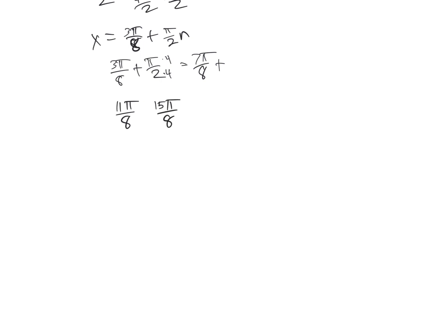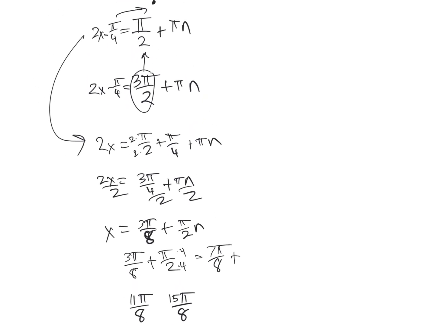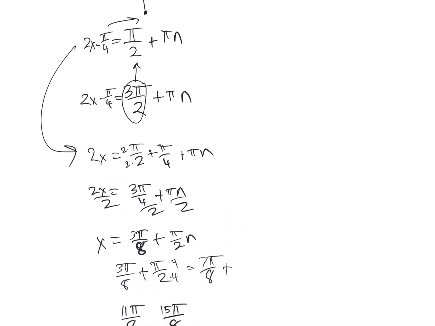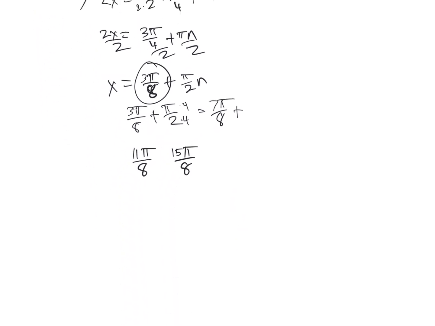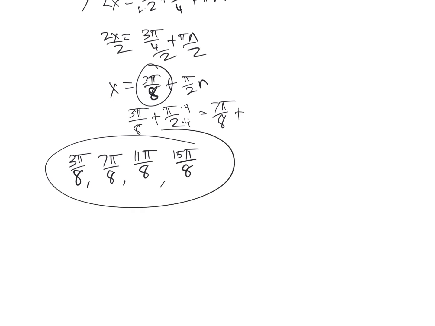And if we do another one, we'll go past the 2 pi, because 16 pi over 8 is 2 pi. So the first one was 3 pi over 8, so 3 pi over 8, 7 pi over 8, 11 pi over 8, and 15 pi over 8. Those are your answers. All right, so go to the next one.